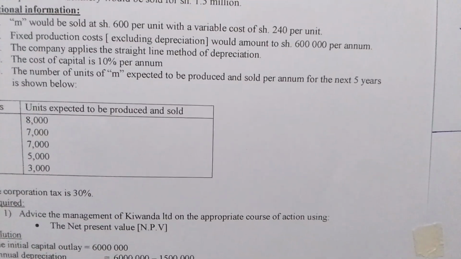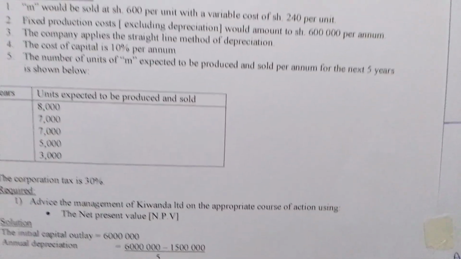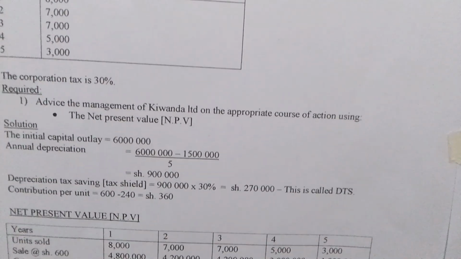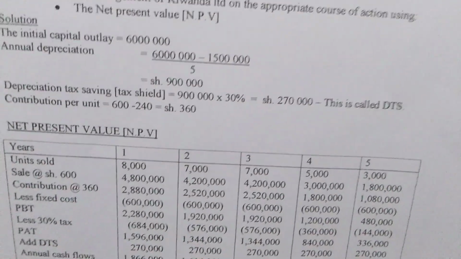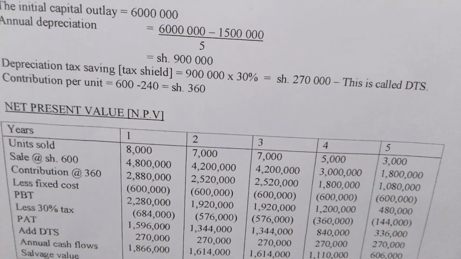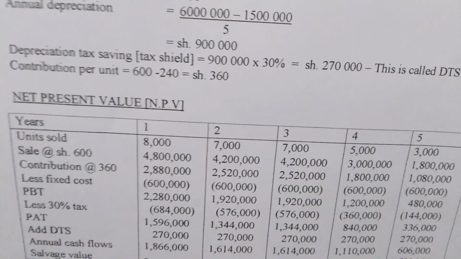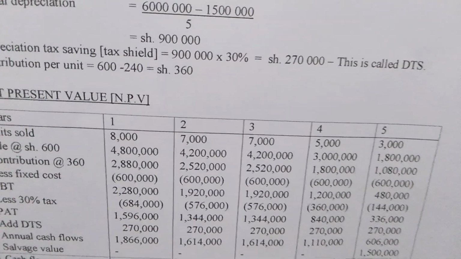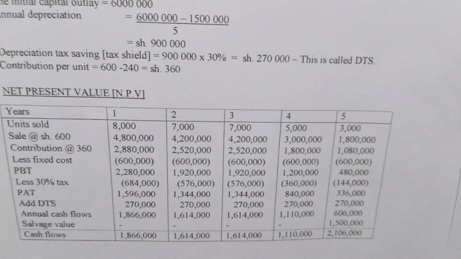Therefore, this fixed cost that we are lessing does not include depreciation, because we know the depreciation is 900,000 as we have computed. So once you get the contribution, you less a fixed cost, which is 600,000, and that is constant throughout the 5 years.